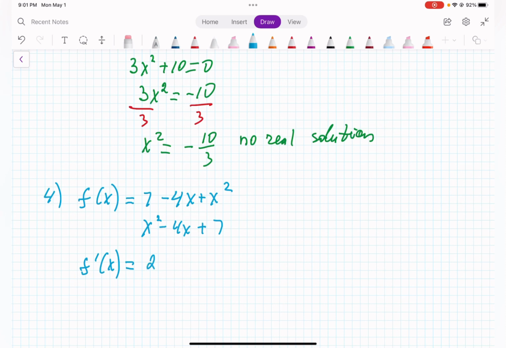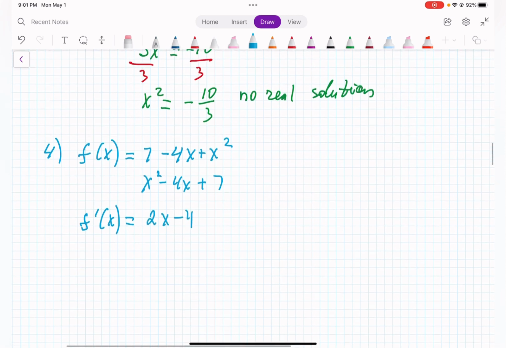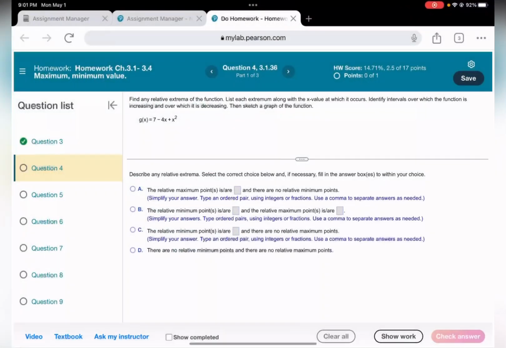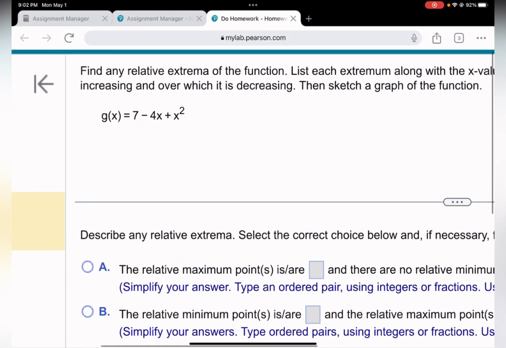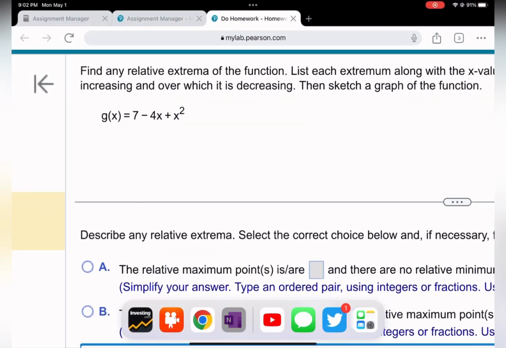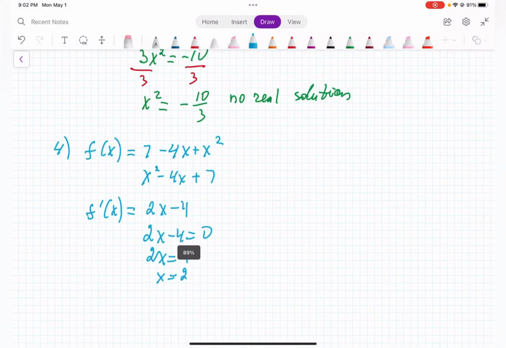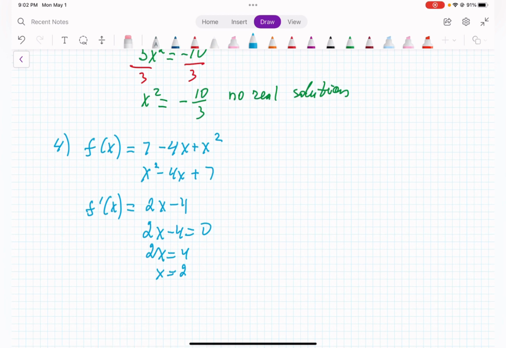It's going to be 2x minus 4. Then we set it equal to 0. 2x is equal to 4. x is equal to 2. Was it x squared? Let me check one more time. Yes. 2x minus 4 equals 0. All right, so all is good.